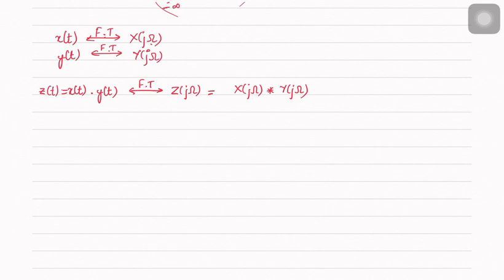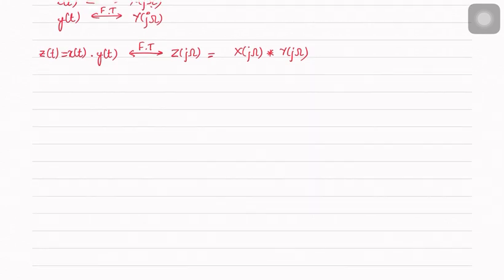So for example, I don't know whether you have learned this or not, there is something called DSBSC modulation, the double sideband suppressed carrier modulation.